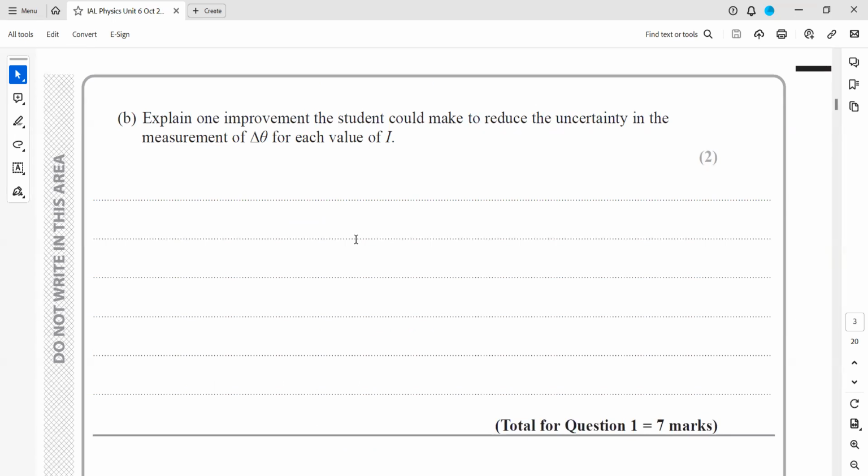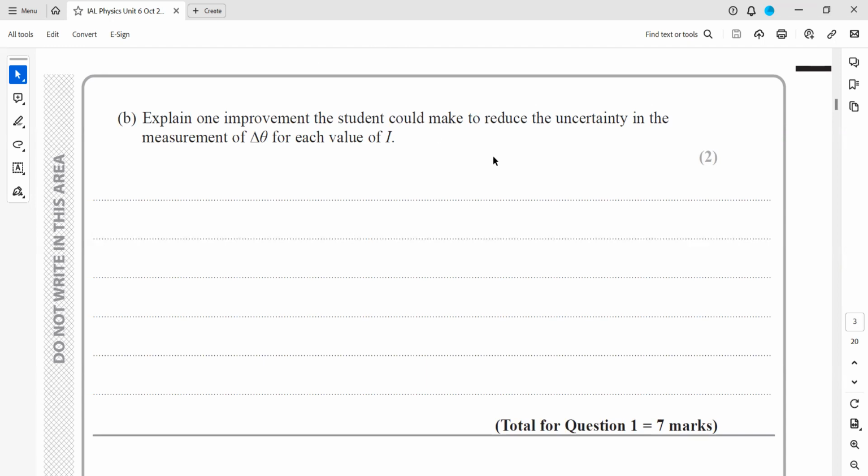Explain one improvement the student could make to reduce the uncertainty in the measurement of a temperature change for each value of I. So how can we reduce the uncertainty when measuring a temperature change?